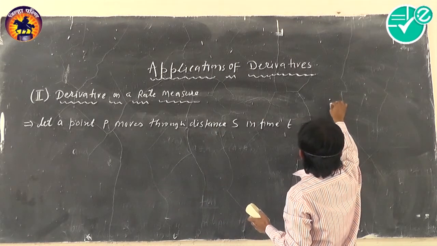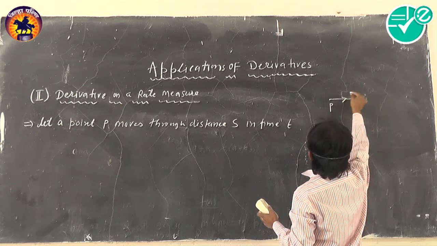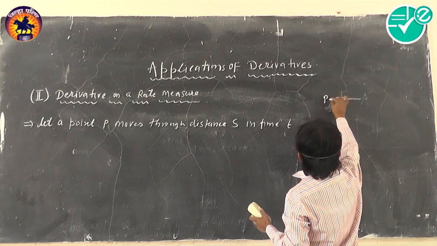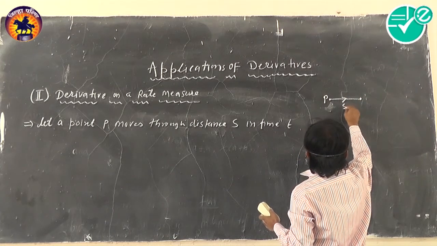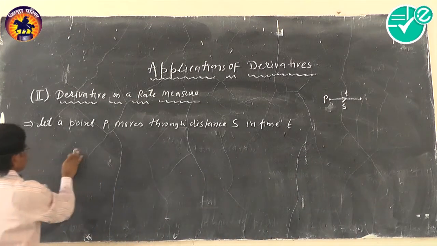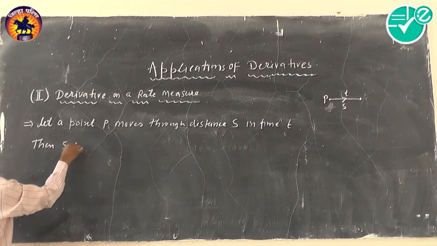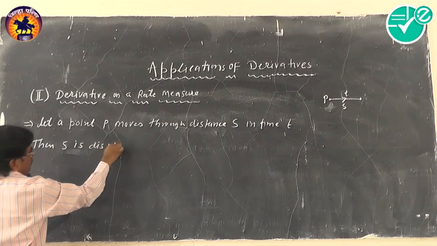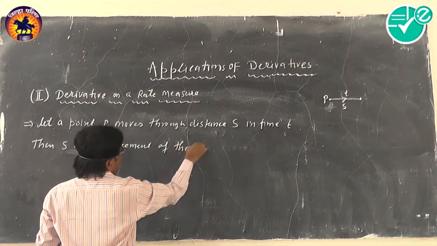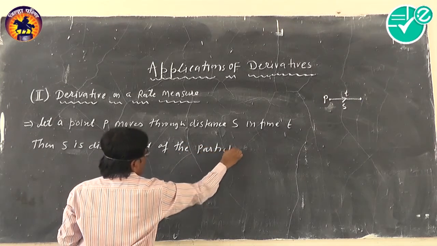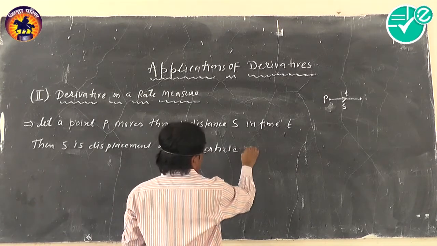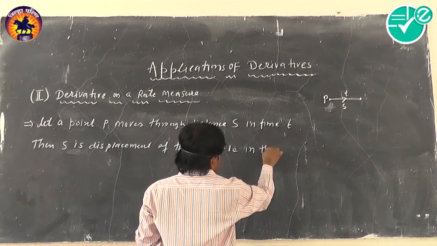Let us suppose your point P moves the distance S through the time t, then S is the displacement of the particle in the time t.